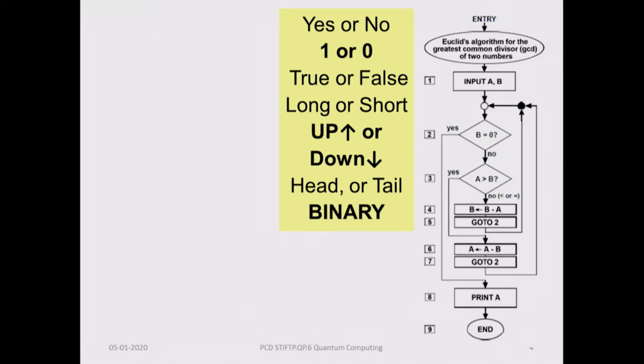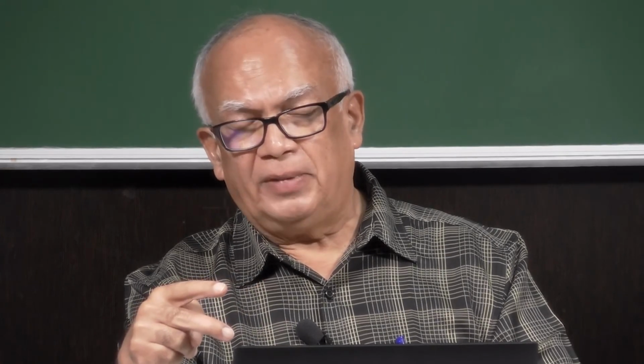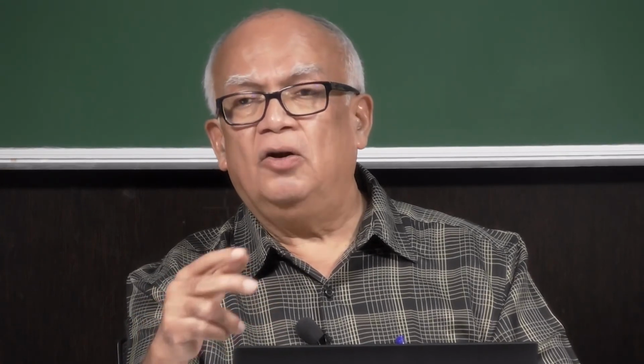logically correct conclusion. So, this is really amazing that what just a two-state system can help you do, either yes or no. You decide either you go left or right, and if you take that decision in a logically consistent fashion, you will be led to the correct answer.